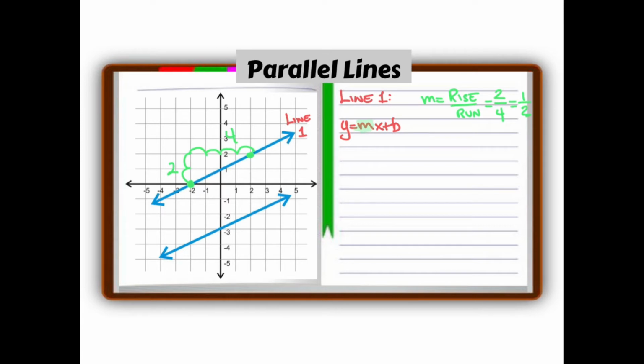Then we're going to figure out our b, which is our y-intercept. It's wherever this line, line 1 in this case, is crossing the y-axis, and that happens exactly here. This would be my b.